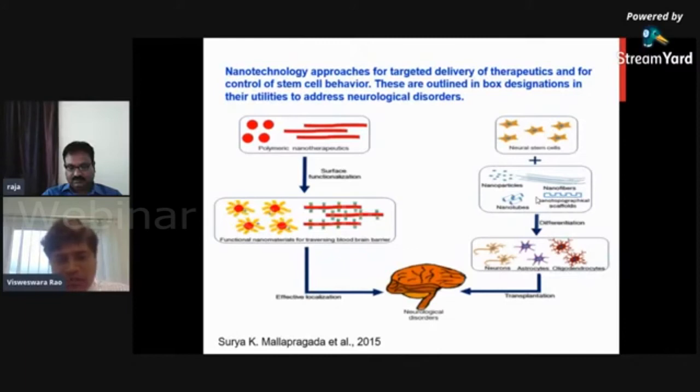So whatever the disease we name, even our group works on anti-cancer activities of medicinal plants and anti-cancer activities of nanoparticles using medicinal plants. We work with crude extracts, with isolates, and also with nanoparticles.